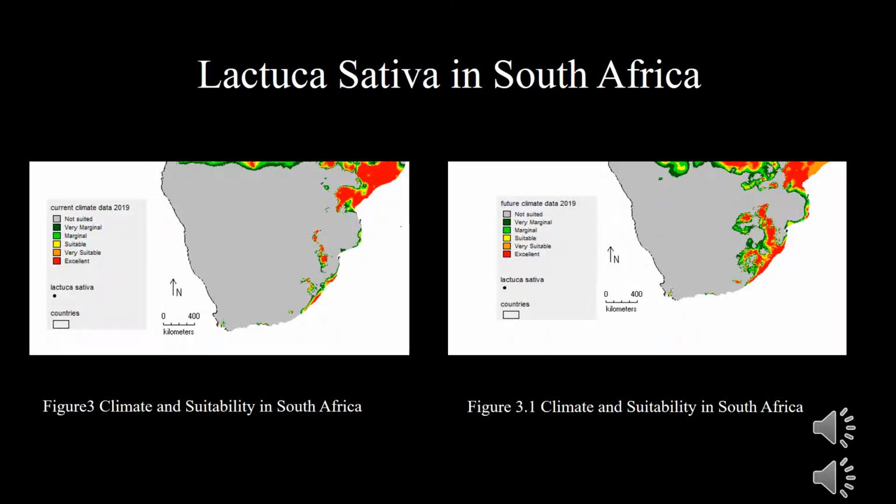I have chosen to discuss lettuce, or Lactuca sativa, in South Africa because from these maps it is evident that even though currently, because of temperature, lettuce wouldn't really bloom very well in South Africa, in the future our suitability increases quite exponentially compared to our current climate suitability.